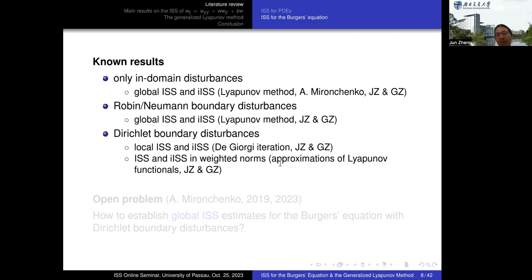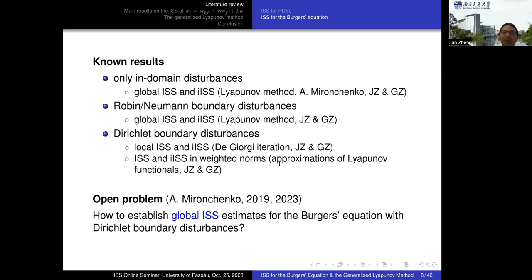A few years ago, we also applied the approximation of Lyapunov functionals to establish ISS-like estimates for the Burgers equation. But in such a case, the estimates are given in weighted norms, so it is still a local property. It's not the real global ISS or global integral ISS estimate for the Burgers equation.